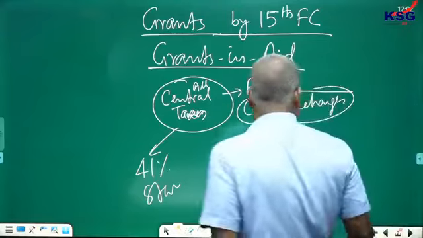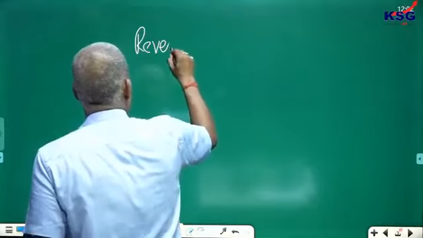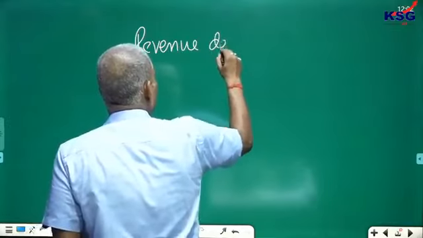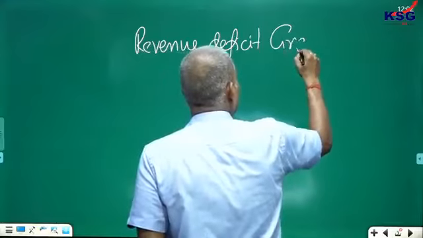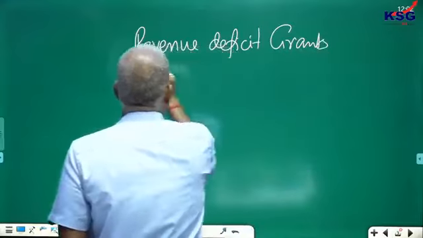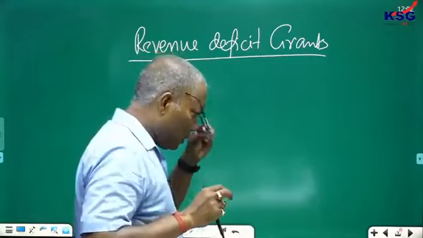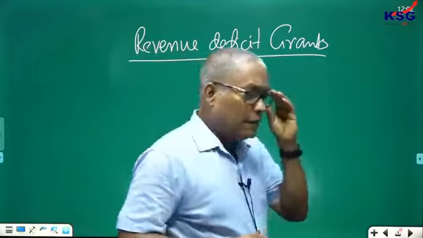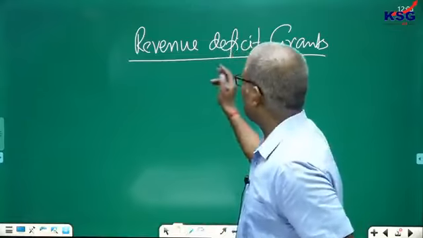Right, revenue deficit grants. First you give the heading, revenue deficit grants. Okay, so why are grants given? One of the bases is that the Finance Commission recommends grants to states for the revenue deficit.